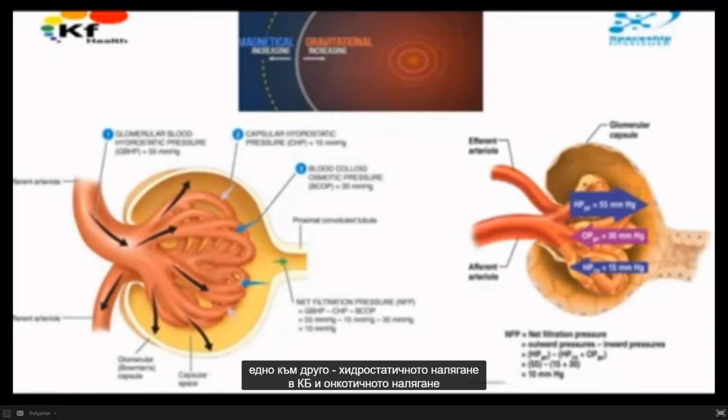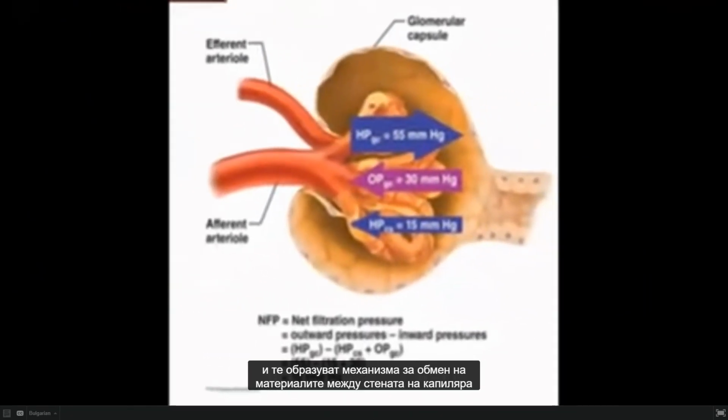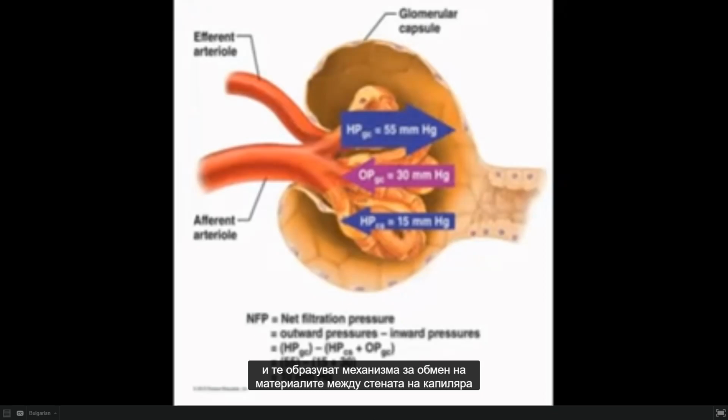This is the hydrostatic pressure inside of the Bowman capsule and the oncotic pressure inside, and they form the mechanism of exchanging the materials between the wall of the capillary and the place inside of the Bowman capsule. And they form the gradient, which is 10 millimeters of mercury.